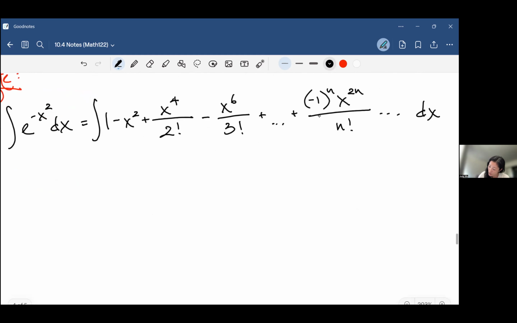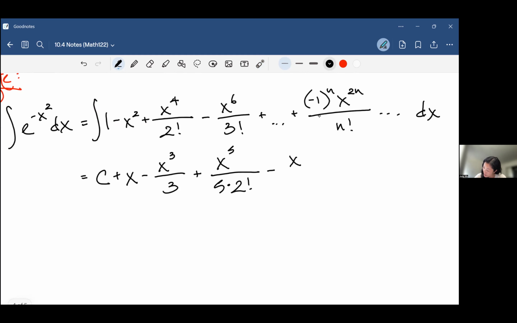Now when we integrate, we always start with a c, and we integrate each term at a time. The integral of 1 is x. The integral of x squared is x to the 3rd over 3. Then the integral of x to the fourth over 2 factorial is x to the fifth over 5 times 2 factorial, minus x to the seventh over 7 times 3 factorial.